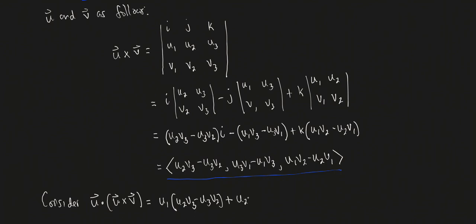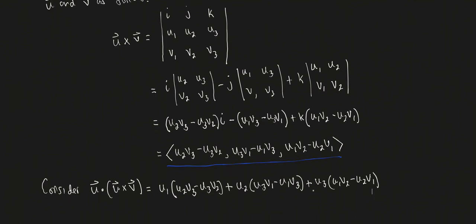So U2 times U3 V1 minus, that should be a U, not a V, U1 V3. And then finally, take the third component of U and multiply the third component of the cross product. So U3 times the quantity U1 V2 minus U2 V1.